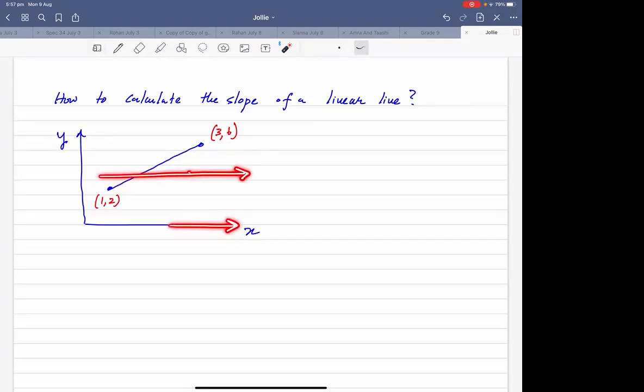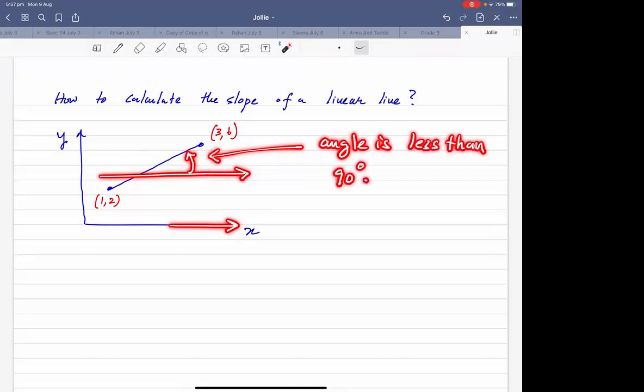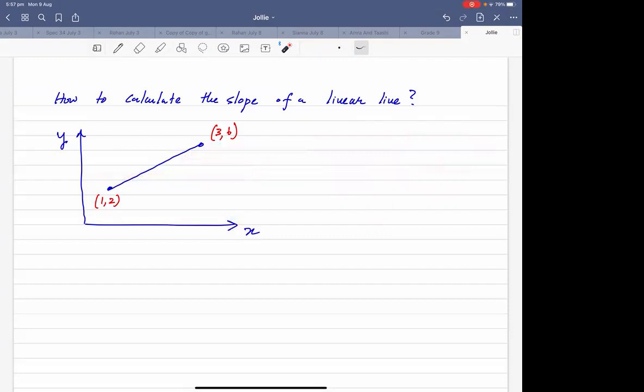Then you will identify the elevation. Once you see that elevation, that angle is less than 90 degrees. So slope should be positive. And that's the fundamental thing. Now we are expecting a positive slope.